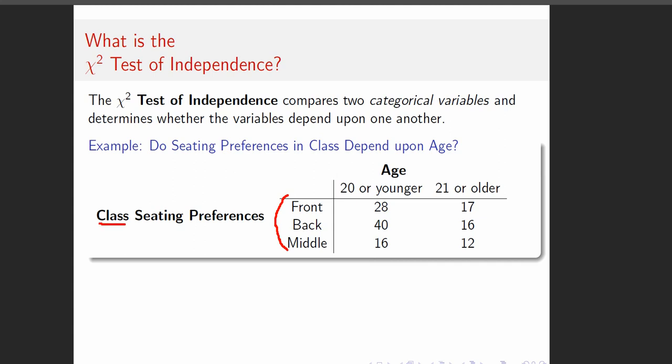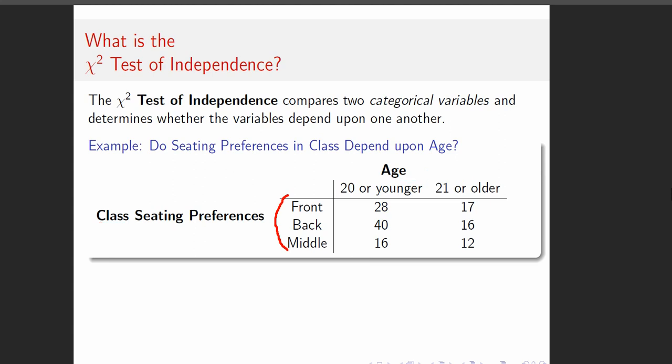And we also got their age, so we divided the group into 21 years old or older, or 20 years old or younger. Is there a dependence? Does the place where they like to sit in class depend on how old they are? That's the type of situation we're talking about, okay?